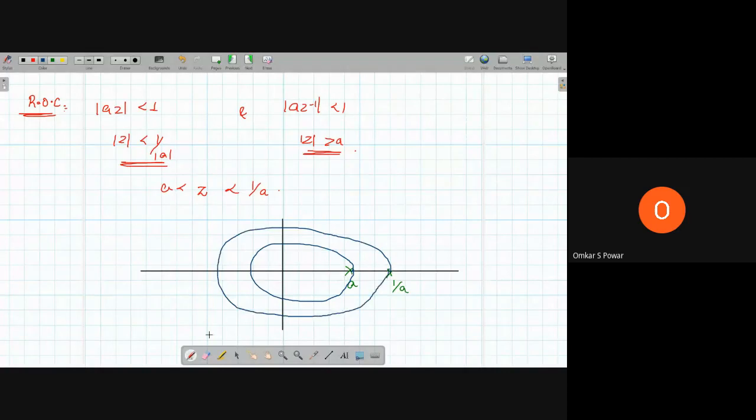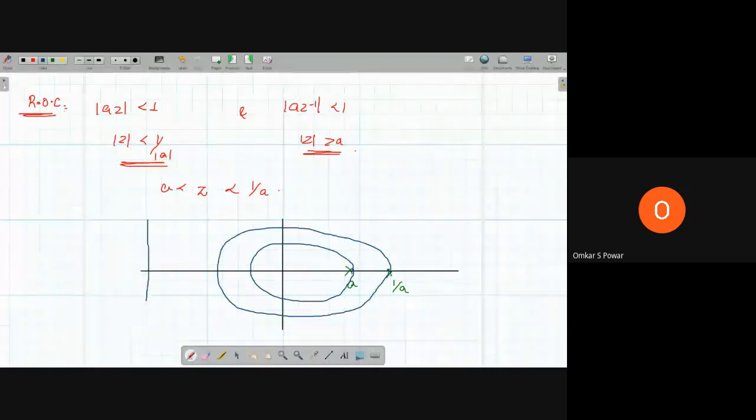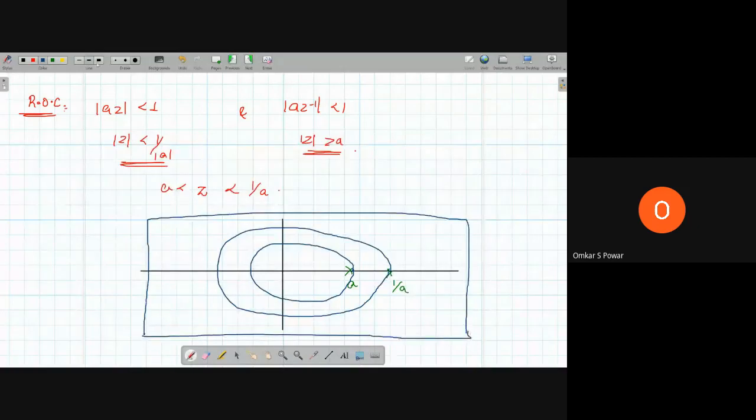Then I have to mark my region of convergence. So what is the region of convergence here? Mod z is greater than a and less than 1 by a. As you can see, your ROC should lie here. So this is your region of convergence.